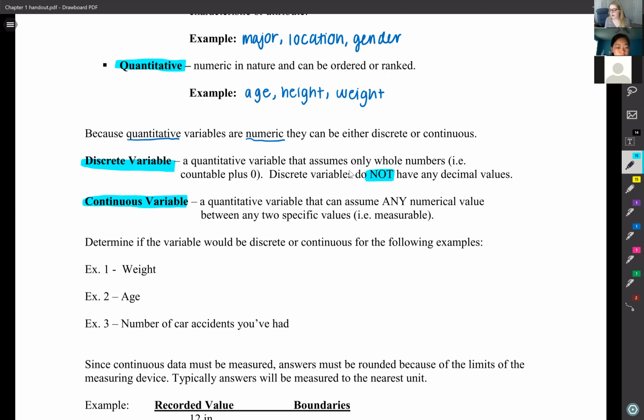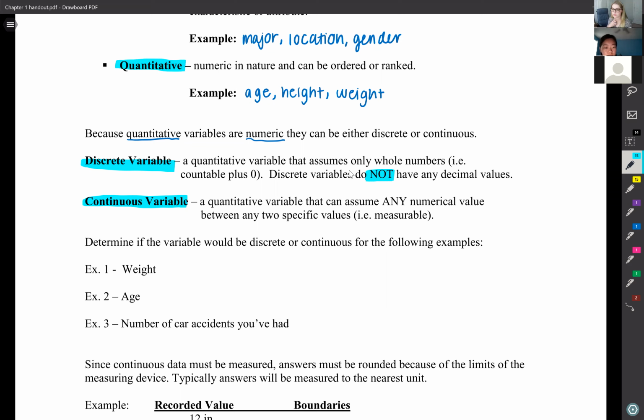Then we also have continuous variables. This is a quantitative variable that can assume any numerical value between any two specified values. Basically, it means that it's measurable. So this one can be a decimal. It can really assume any numeric value.